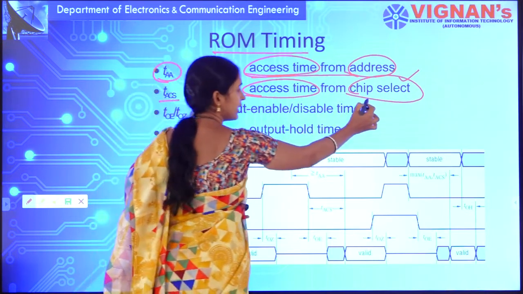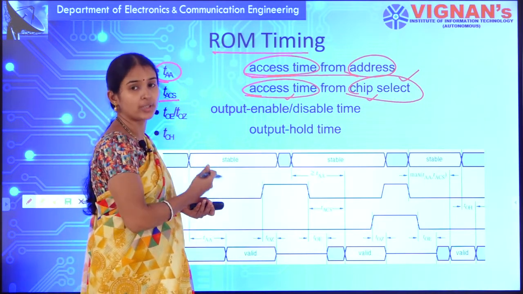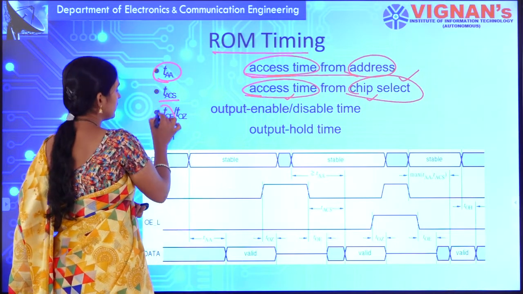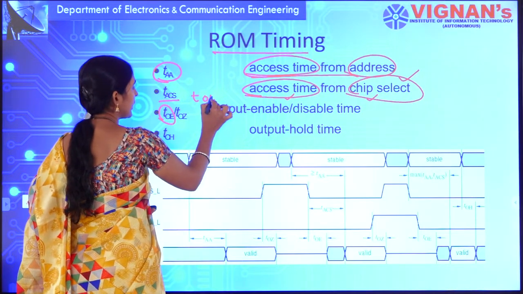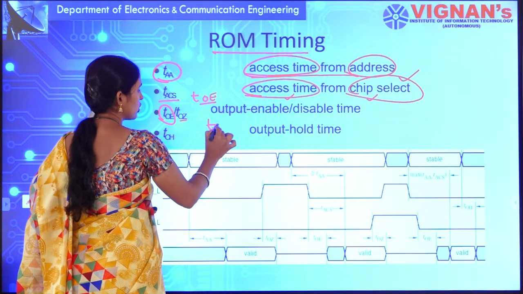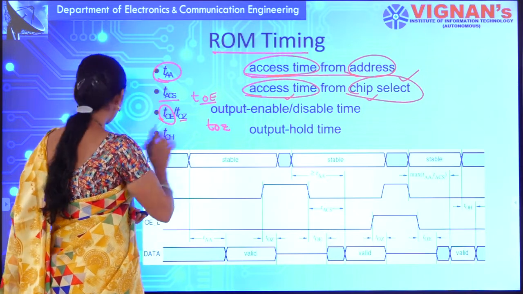Whereas TOE indicates your output enable time, and TOZ is your output disabled time, and then the output hold time.